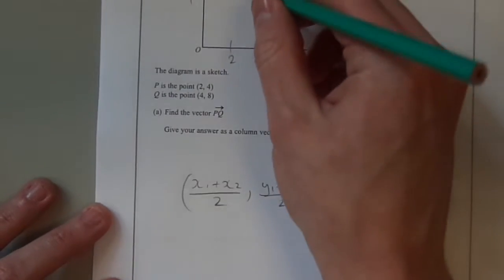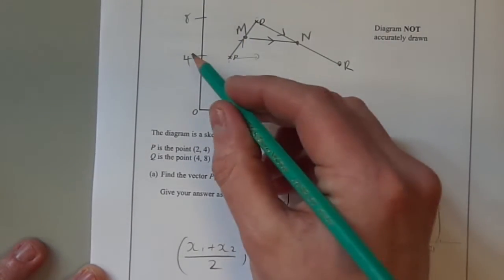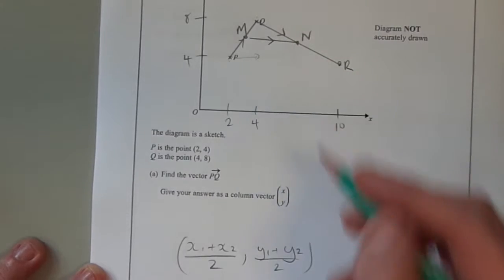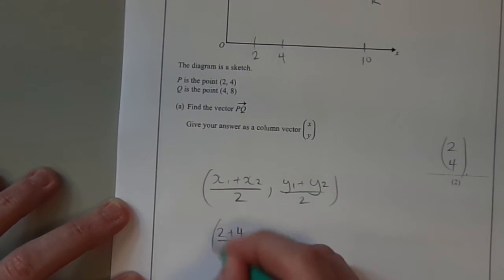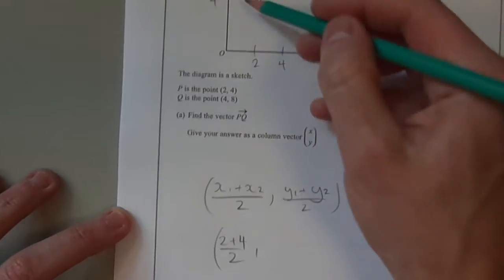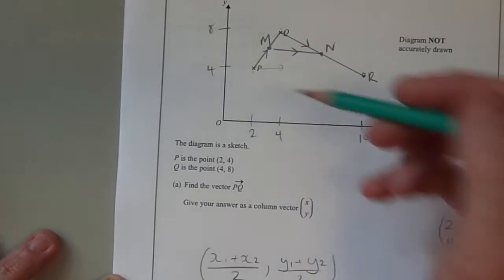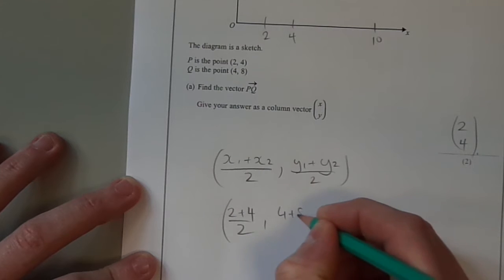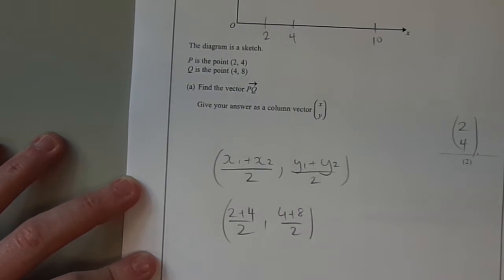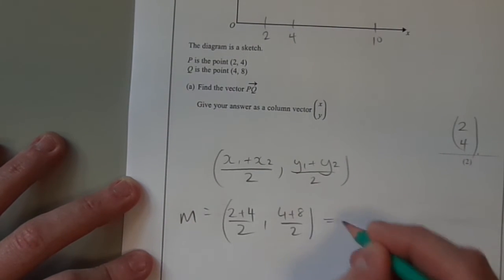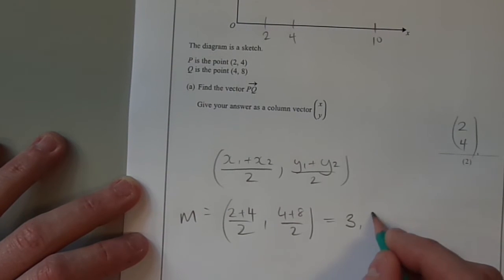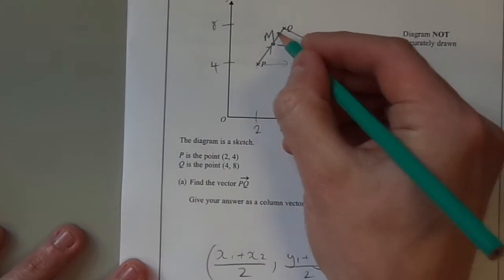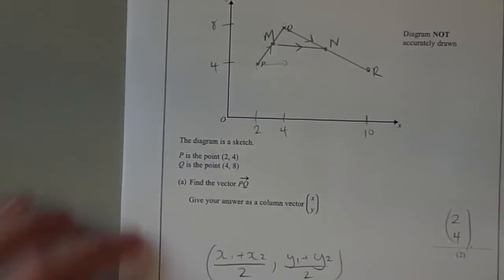So for the midpoint M, we add the 2 and the 4 together and halve it to get the x coordinate of M. We add the 4 and the 8 together and halve it. The coordinates of M are 6 divided by 2, 3, and 12 divided by 2, 6. M has coordinates (3, 6).